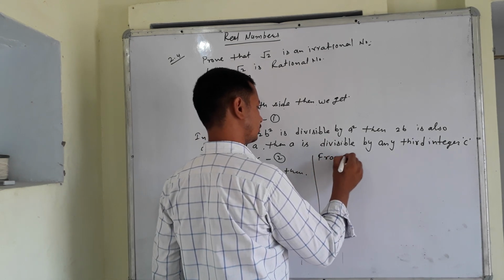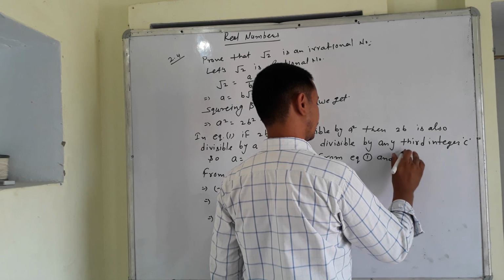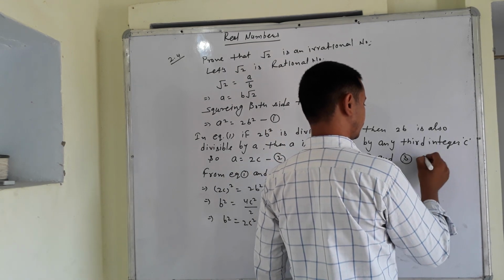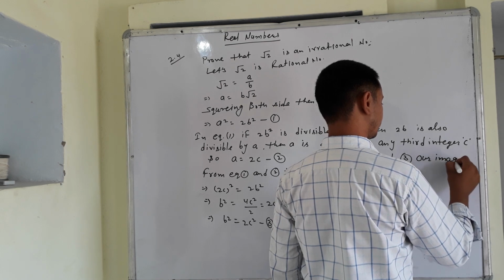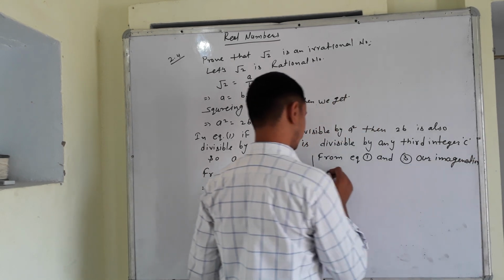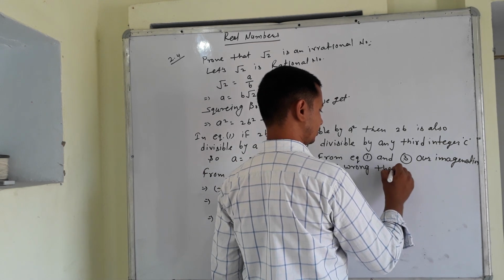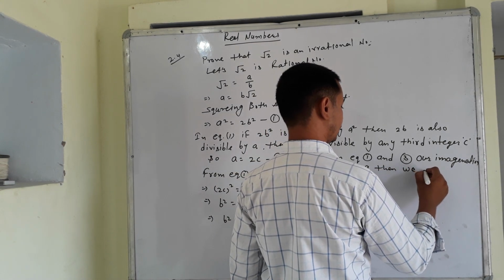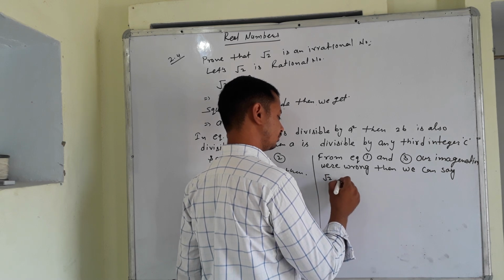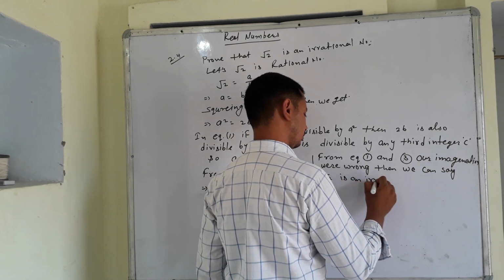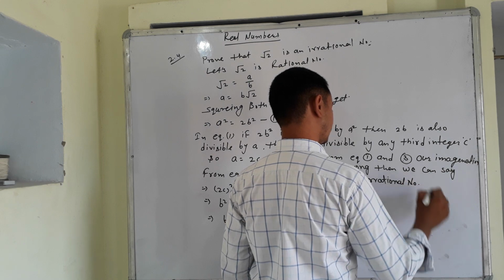From equation first and third, our assumption was wrong, then we can say square root 2 is an irrational number. Hence proved.